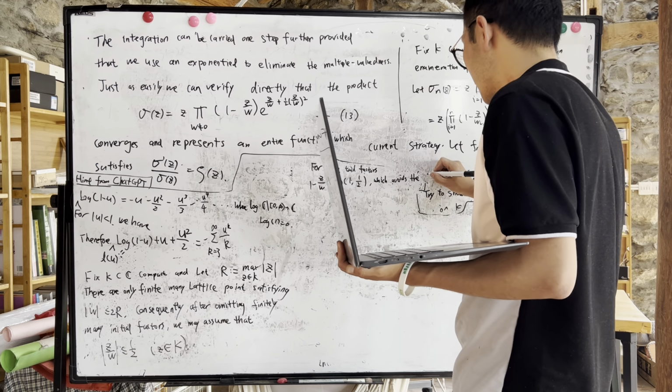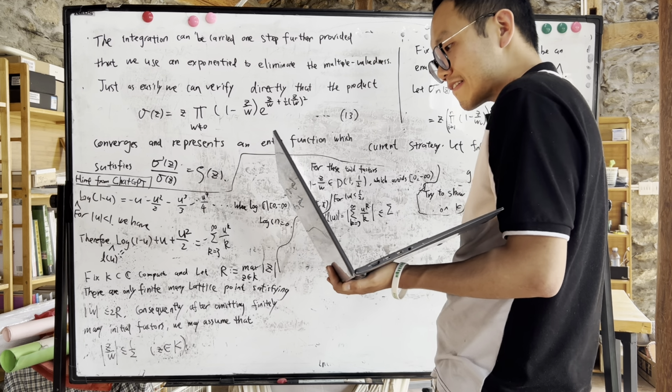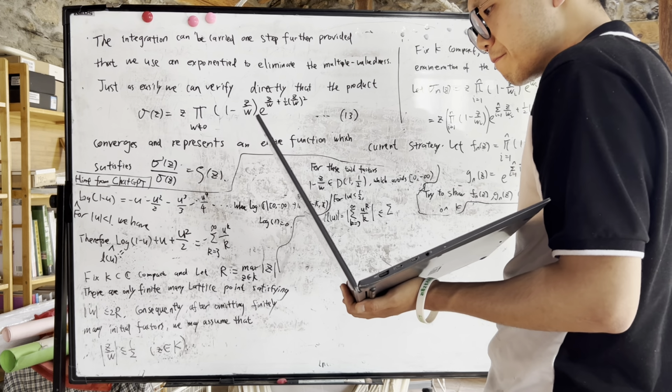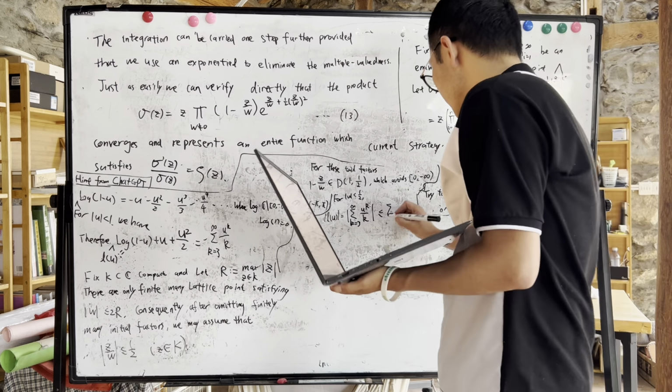Here I just ignore the negative sign. The sum of u^k over k is less than or equal to the sum of modulus u to the kth power over k.